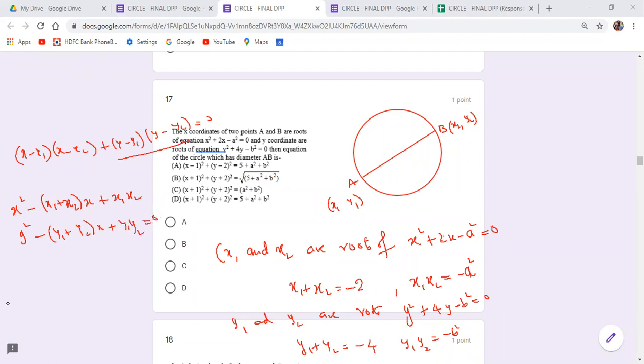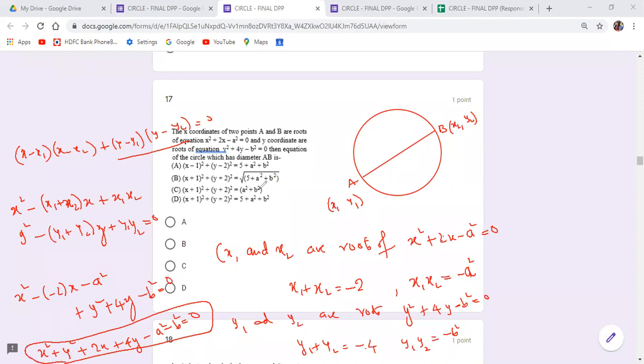Now you know the value of x1 plus x2 is minus 2, x1 x2 is minus a square, y1 plus y2 is minus 4, and y1 y2 is minus b square. So your answer is x square plus y square plus 2x plus 4y minus a square minus b square equal to 0. This is the equation.